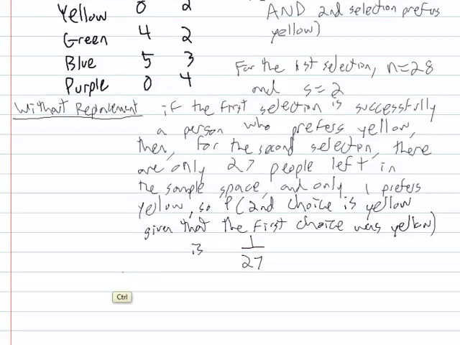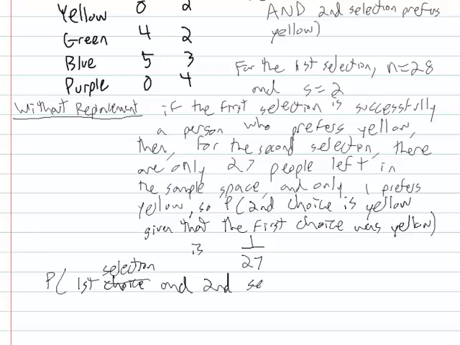So what we actually end up with is that the probability that the first selection and the second selection prefer yellow, we still use the multiplication rule.